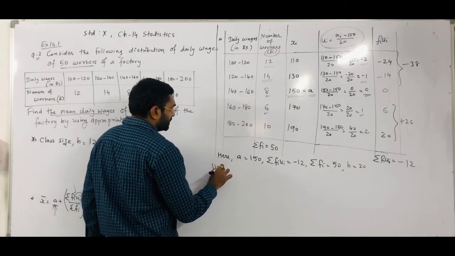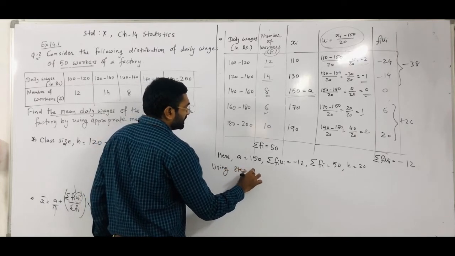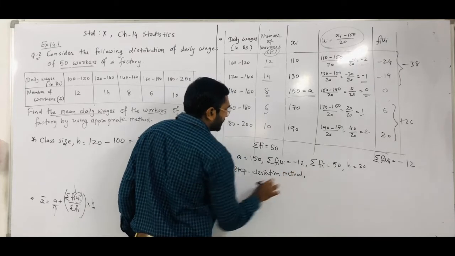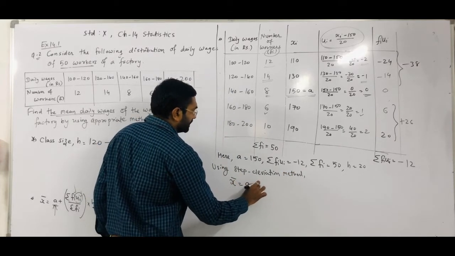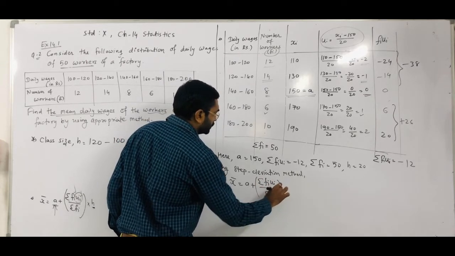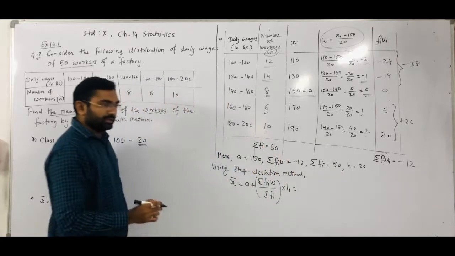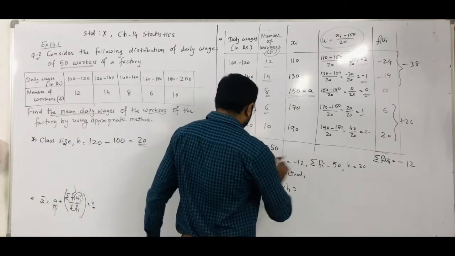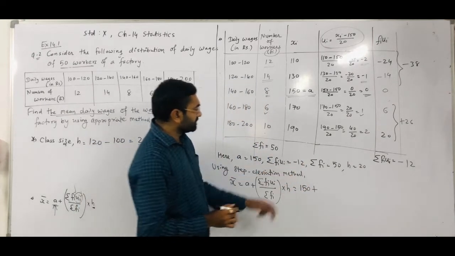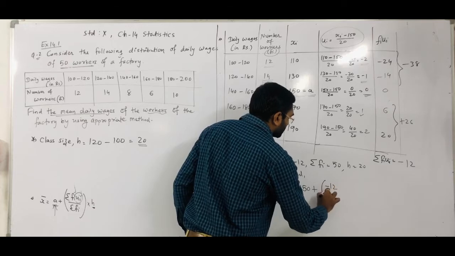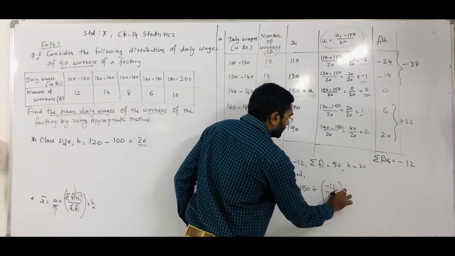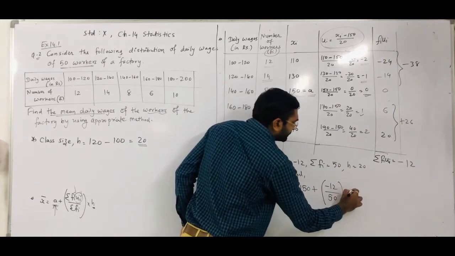Now using the step deviation method, we have to write its formula: x bar is equal to a plus sigma fi ui upon sigma fi into h, right? Now what are the values here? 150 plus sigma fi ui is minus 12. We write here in numerator minus 12. In denominator sigma fi value is 50 into h value is 20, right?